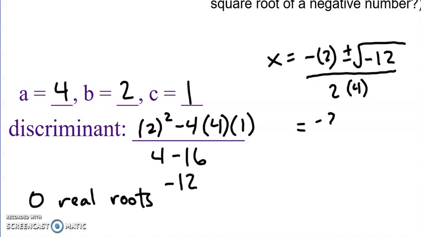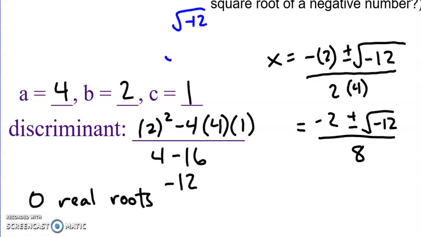So now we get negative 2 plus or minus, and now we've got to simplify that square root of negative 12. I kind of like to simplify some of these other steps first, so that I can just focus on my radical there. I can break down my negative 12 into square root of negative 1 times square root of 4 times square root of 3.